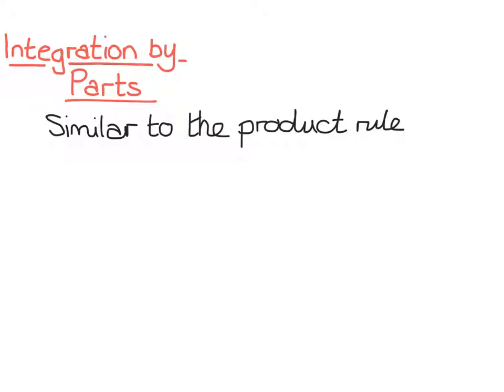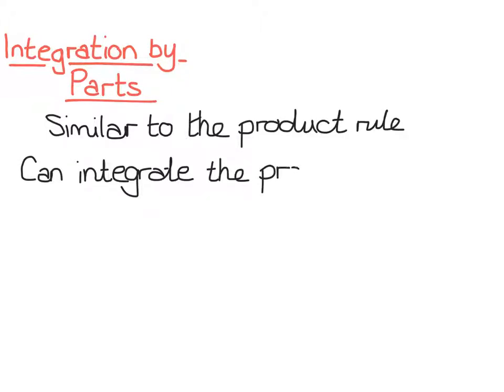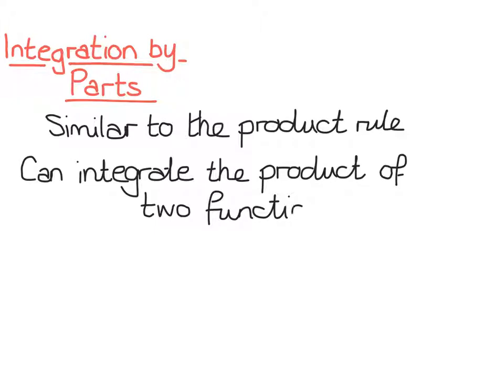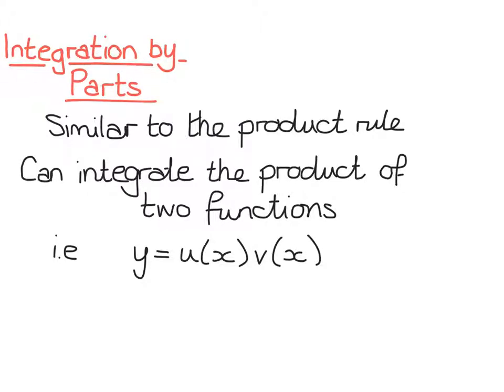It allows you to integrate the product of two functions, i.e., you can integrate something of the form y equals u of x times v of x. This notation shows that both u and v are functions of x.